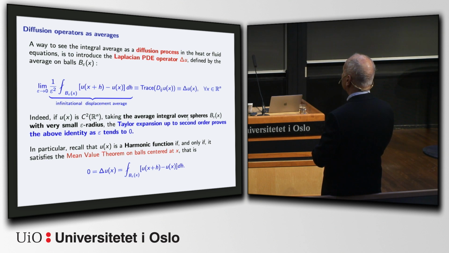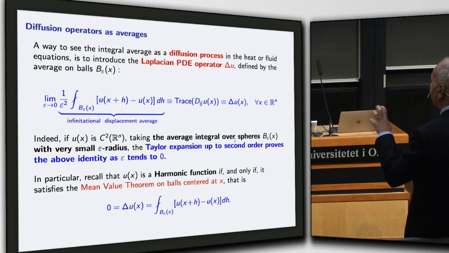That is u of x plus h minus u of x dh, in the kernel of the ball of size epsilon, but then you divide by the ball of epsilon squared to make really an average, right?